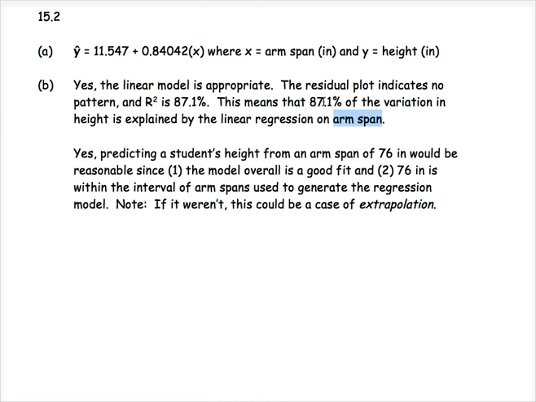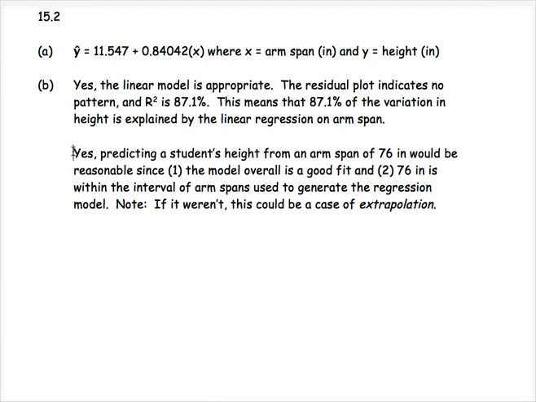So the things you need to include are the percent. You need to include the fact that you realize that's a percent of the variability in the response variable height. You need to say that it's explained by the linear regression, but the linear regression using what input? The linear regression using this input, this explanatory variable, arm span. It really is important to be able to interpret r squared in context.